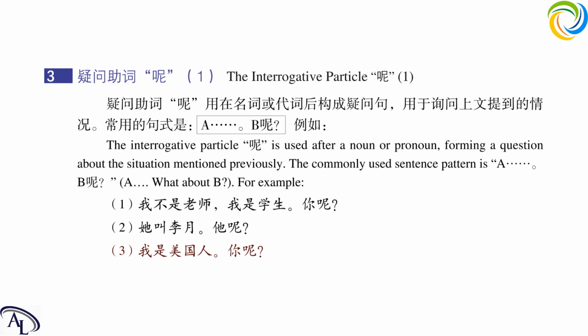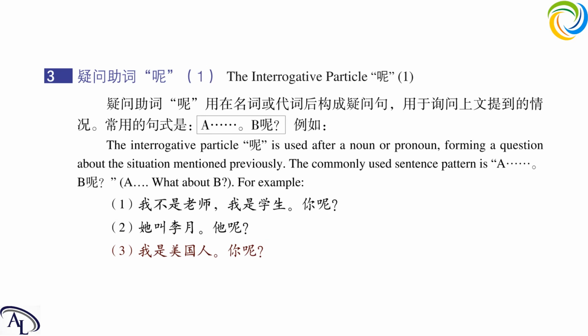And the most common structure is A blah blah, and the sentence finishes, and then B 呢. A blah blah, B 呢. Now let's see the examples.